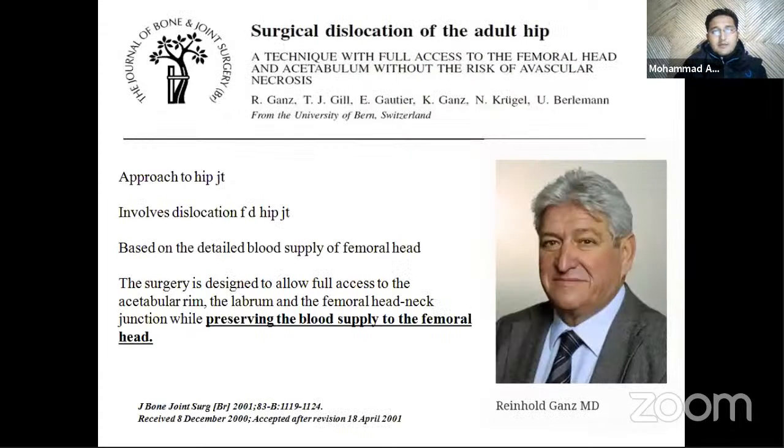This is a landmark paper that was published in JBJS in the year 2001 by Professor Ganz. Here he gifted us the safe surgical dislocation of the hip, wherein we had full access to the hip joint without having the risk of avascular necrosis.